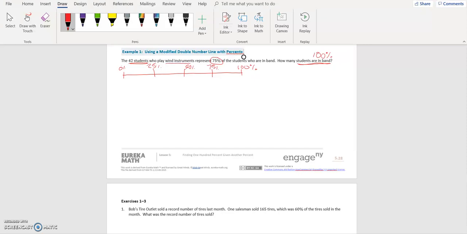And so then we have our band. Here's the band, whole 100% of the band. But only 75%, only up to here, at 75%, are playing those wind instruments. So there are 42 who are playing the wind instruments.